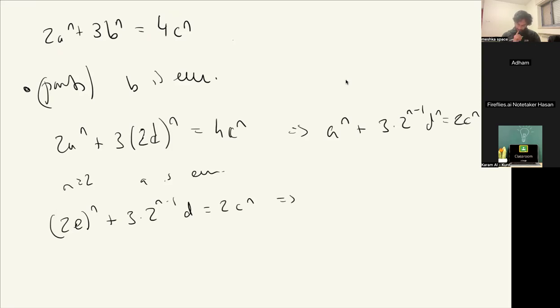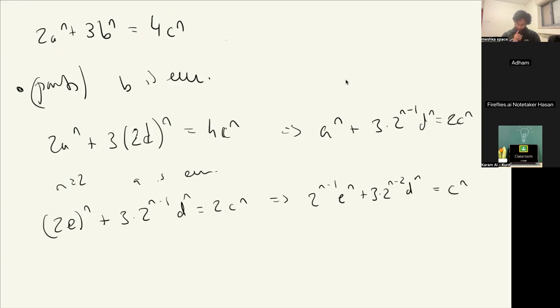We get 2^(n-1) e^n + 3 times 2^(n-2) d^n, we should put d to the n, yes, I forgot about this, equals c^n. So c has to be even too. Great. So if a, b, c are all even, what does it mean?